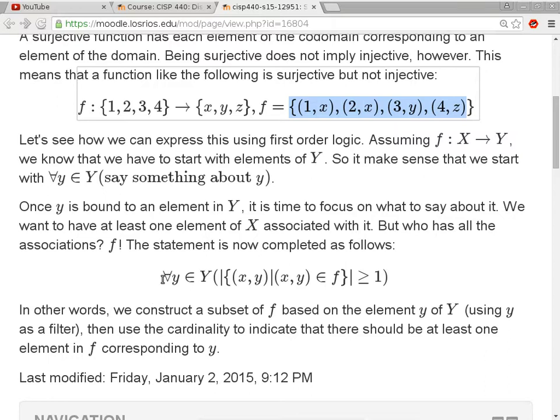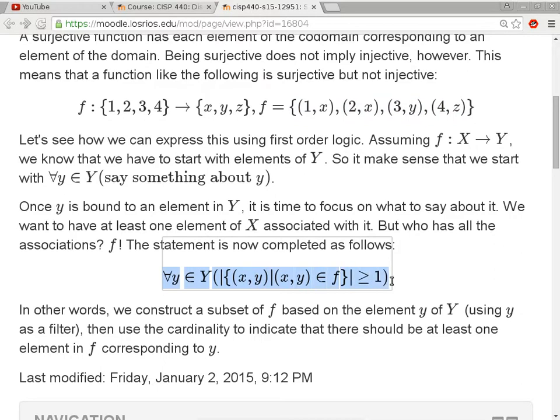You can say it this way: for all y which are elements of the codomain, you have to show that the set of elements from f where something is mapped to y has to be greater than or equal to 1.